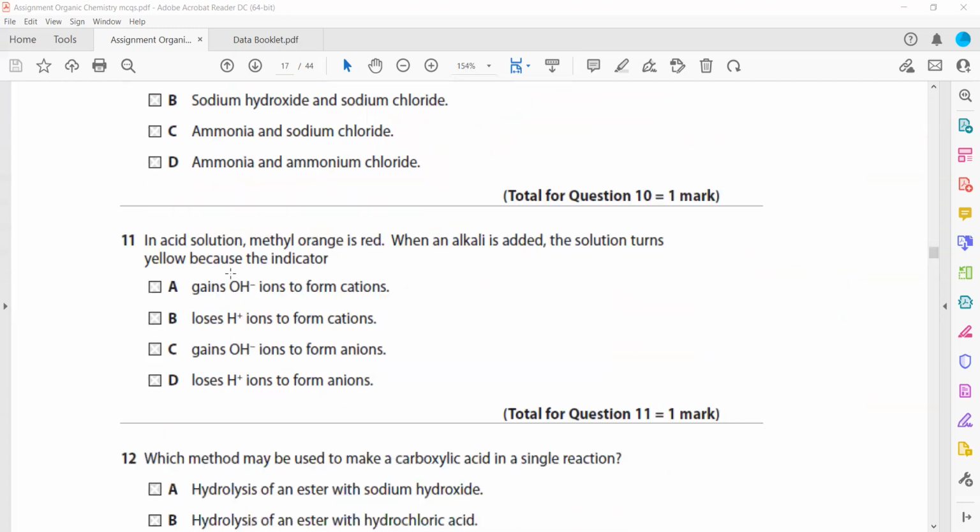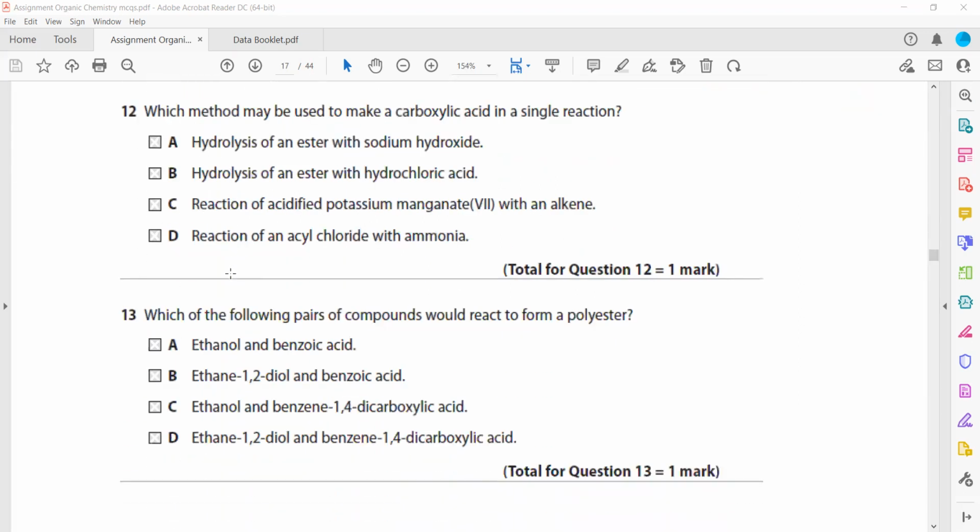This was related to the acid topic, but we are doing organic only now. That's why I quickly go through. Which of the methods could be used to make carboxylic acid in a single step? If we want to prepare carboxylic acid in one step, and we do hydrolysis of the ester in the presence of sodium hydroxide, what happens?